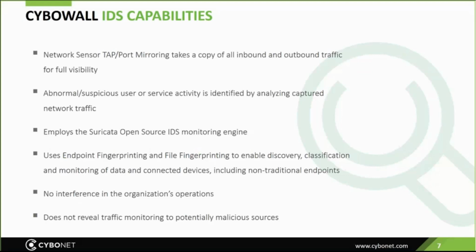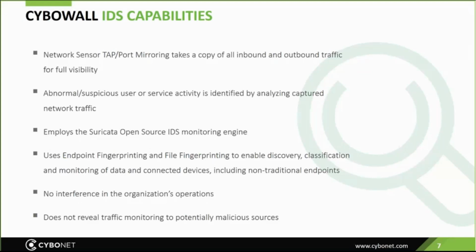IDS, intrusion detection systems, are intended to detect any type of breach and to alert the admin or main user of the system of these things. What Cybowall does is we take a copy of all the traffic, inbound, outbound, internal traffic, based on a mirror port that's configured, and analyze all the information, including, of course, the packets themselves.